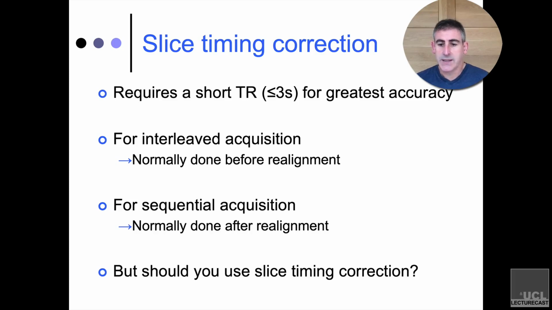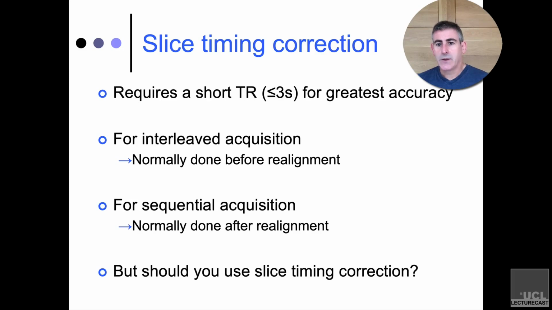If you do an interleaved acquisition, then you normally do the slice timing correction before you do spatial realignment. In contrast, if it's a sequential acquisition, up or down, then you normally do realignment first and then slice timing correction after it.